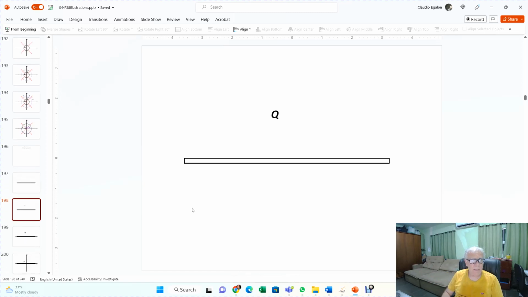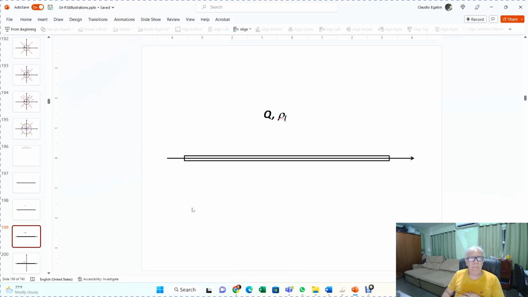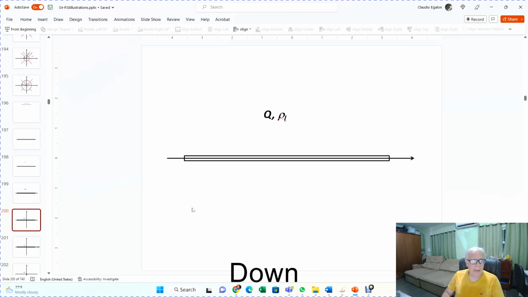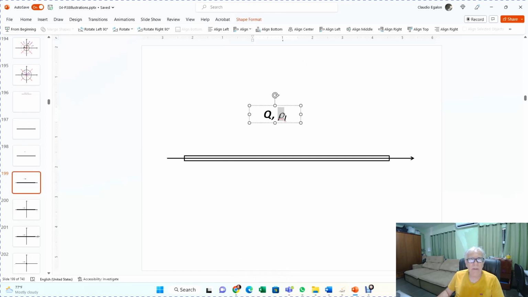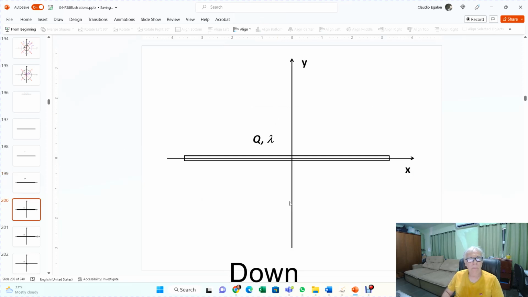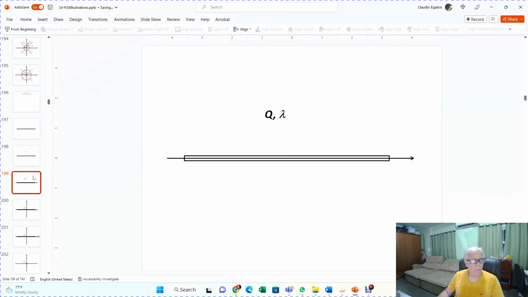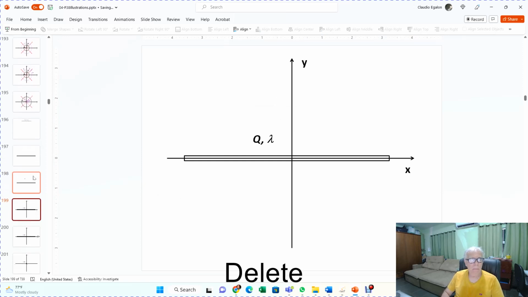Okay, the rod has a linear charge density equal to lambda, a uniform distribution. I have the x and y axis right in here. Right, and that's the x direction.